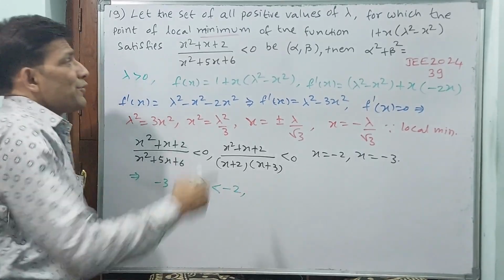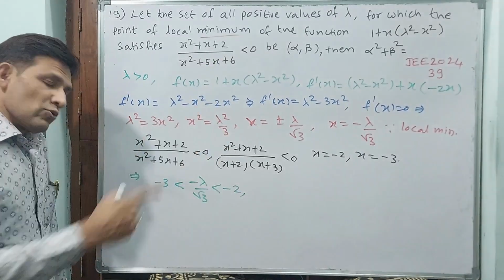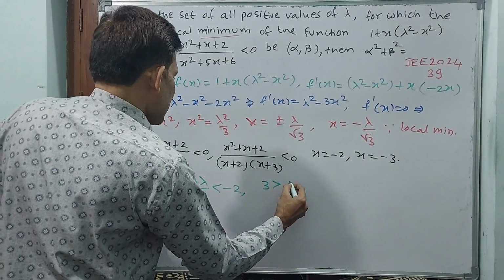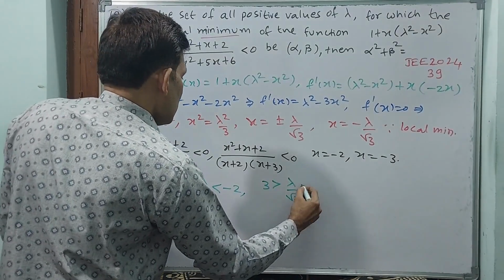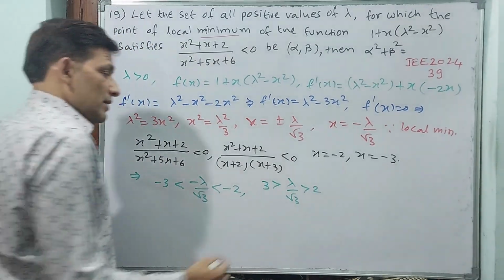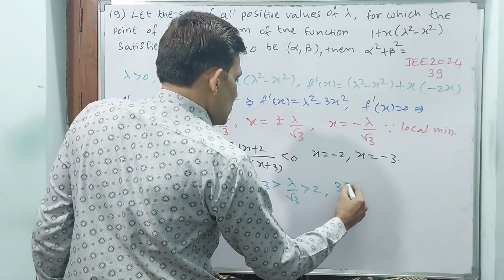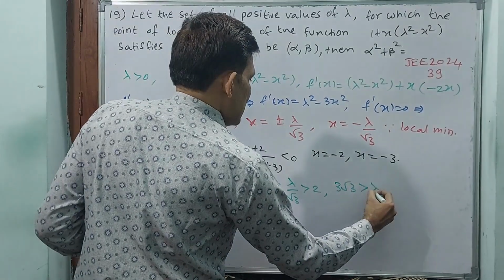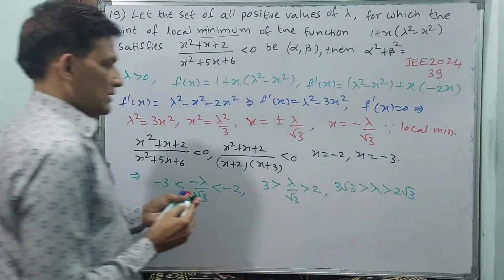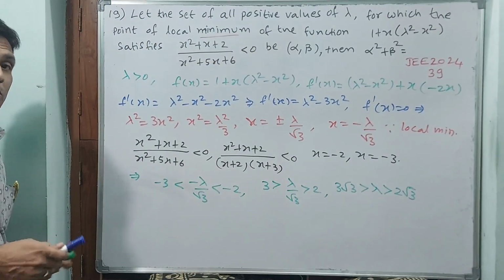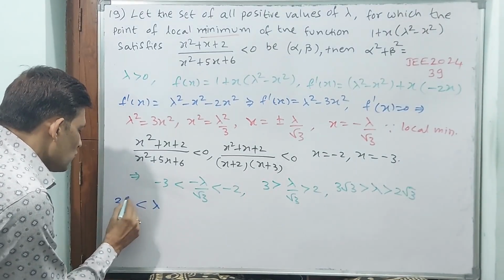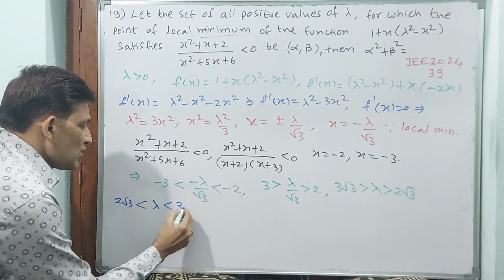Now see how you are going to get the alpha beta value. Now you multiply with minus. Automatically 3 should be greater than lambda by root 3. Then if you multiply with root 3, 3 root 3 should be greater than lambda, and lambda should be greater than 2 root 3. That means lambda lies between 2 root 3 and 3 root 3.